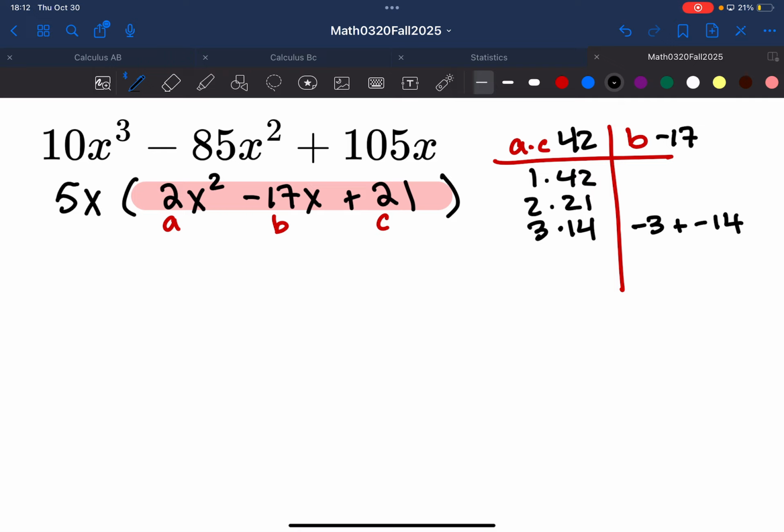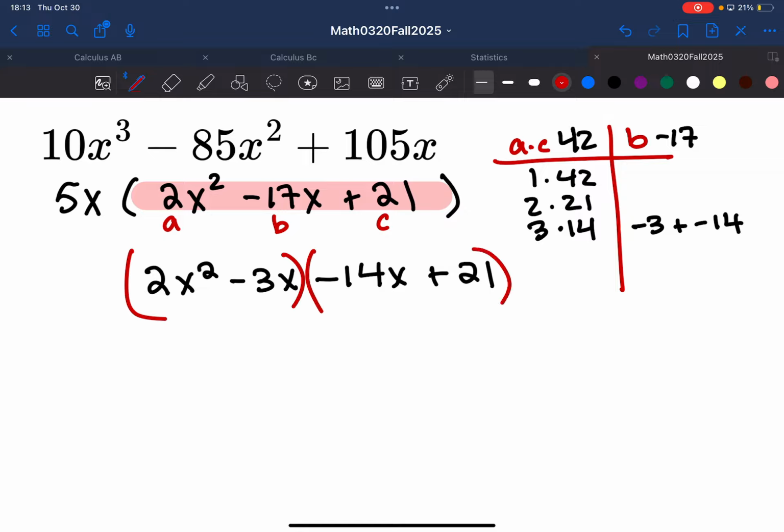So then expanding this, there'll be 2x squared minus 3x minus 14x plus 21. Again, it doesn't matter the order you put this in. You could have done minus 14x first, and you'd still get the same answer. Okay, so then I put it in my parentheses and take out a GCF again.